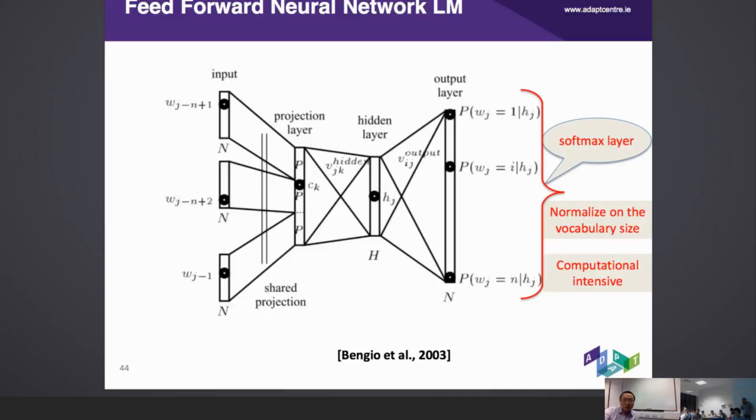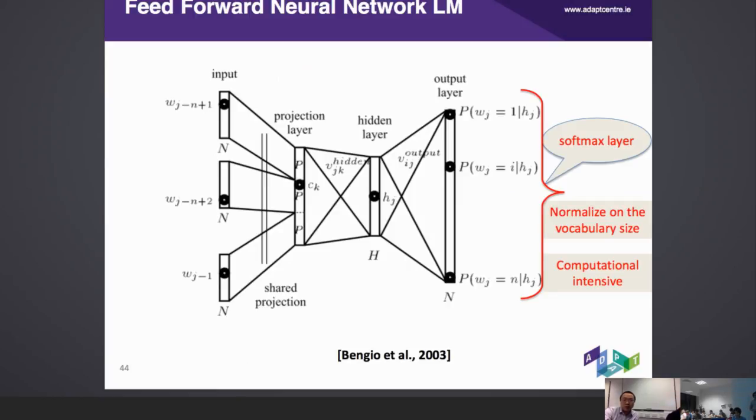The important thing here is the output. We have a softmax layer. In this layer we have n neurons, where n is equal to the size of the vocabulary, so each neuron in this layer represents one word.